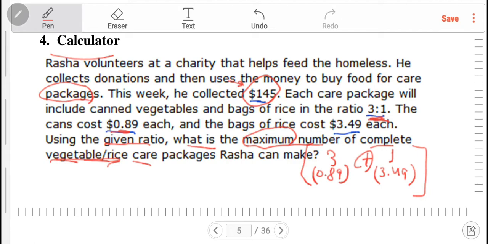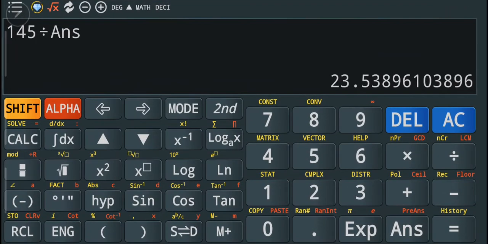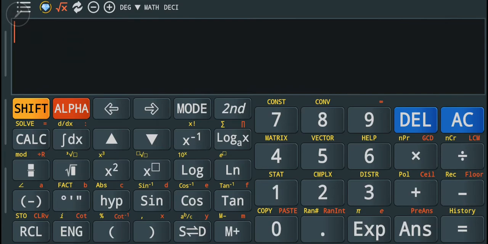And then divide 145 by the answer. 145 divided by the cost of one package. The price of one package first.